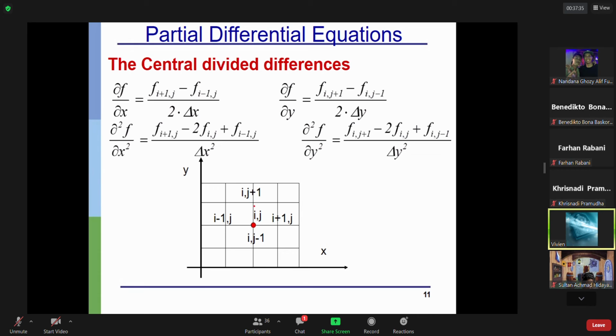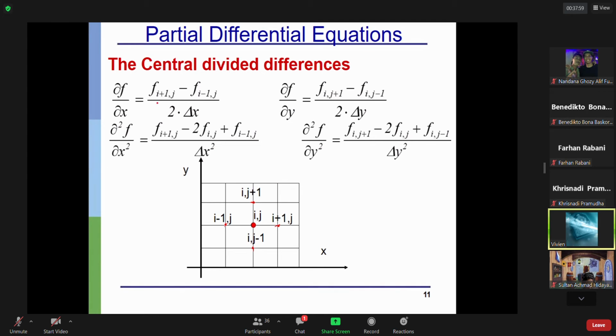On the north side, the upper point, we have ij plus 1. And for the south side, we have ij minus 1. So here we will have a dependency of the temperature, for example, or the function value, which depends on the value of the neighboring nodes.